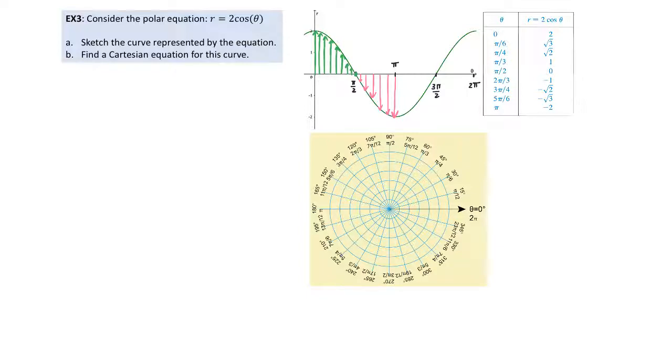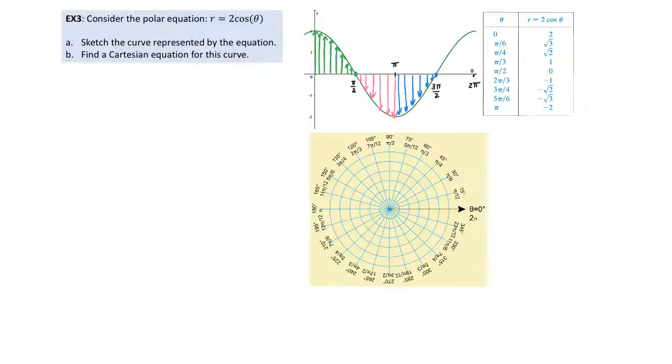Using blue, as I move from pi to 3 pi over 2, my rays will now start getting shorter, but still negative. If you notice, they're getting smaller and smaller, but they're still negative. And at 3 pi over 2, I go back to length 0.